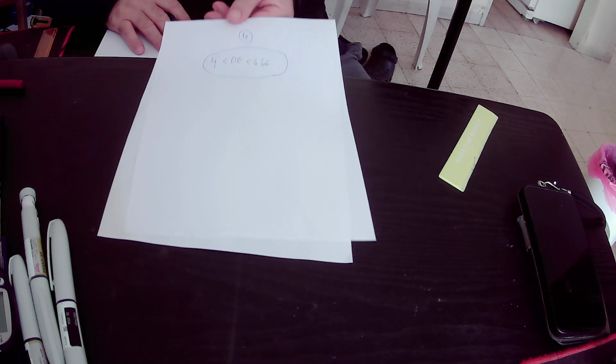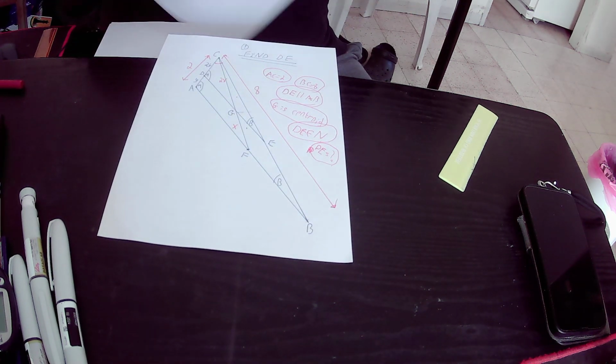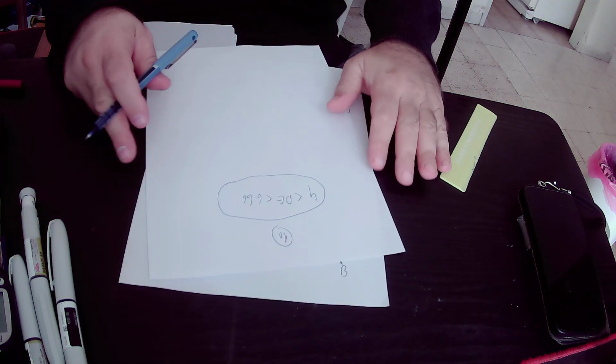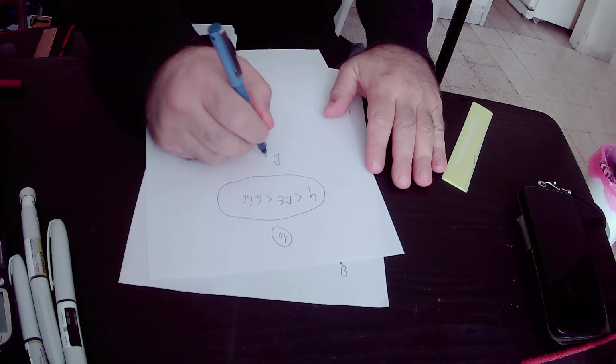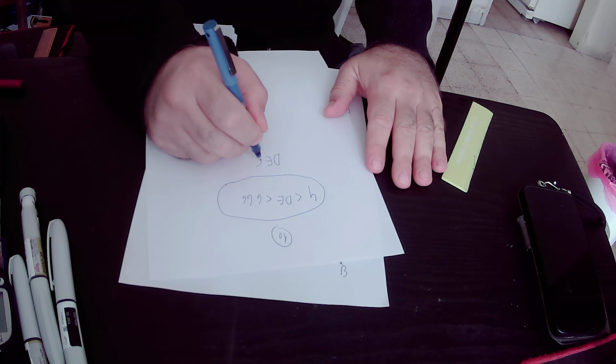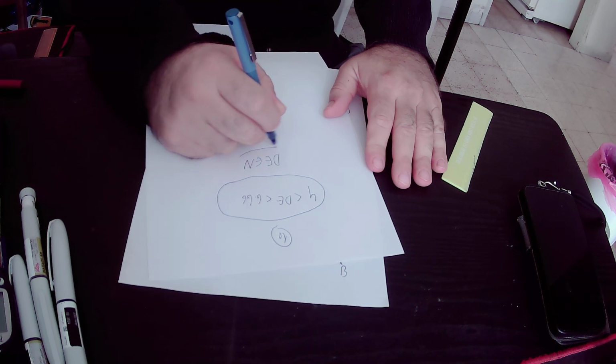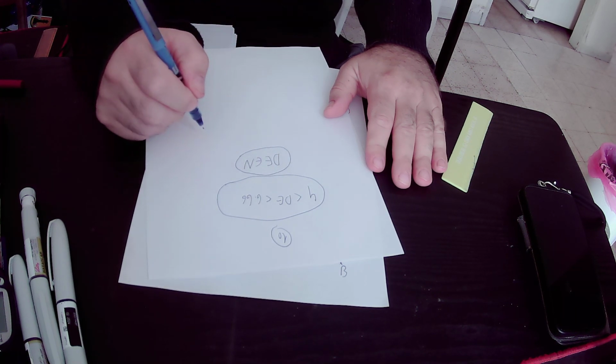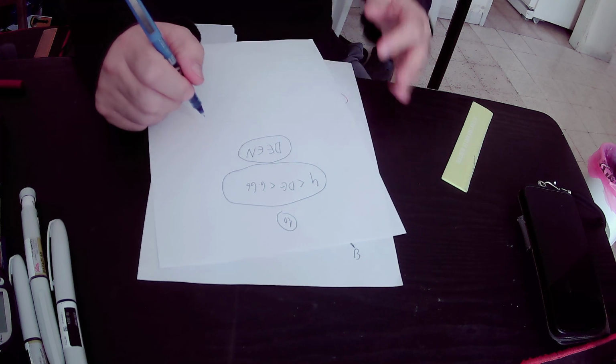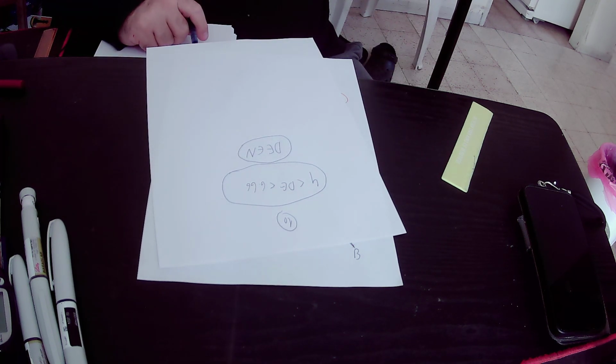But we also know it is given in the question that DE is a natural number. DE belongs to the natural numbers. So the natural numbers that are greater than 4 and less than 6.66 are actually 5 and 6.